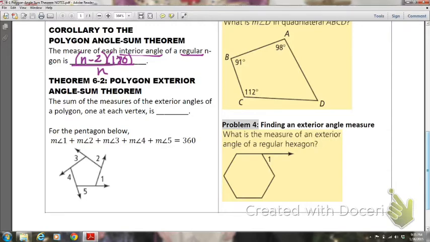So if you only want to find the measure of one interior angle of a regular n-gon, you take the sum of the total of the interior angles and divide it by the number of angles.